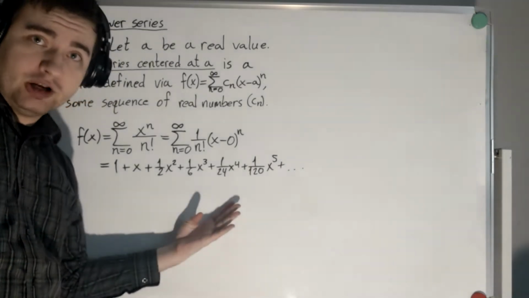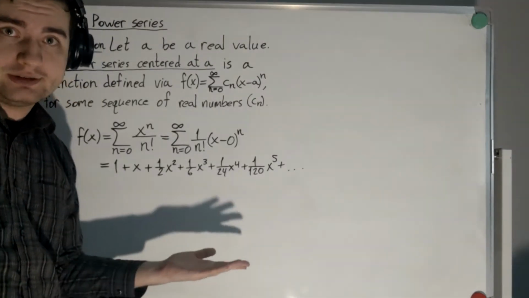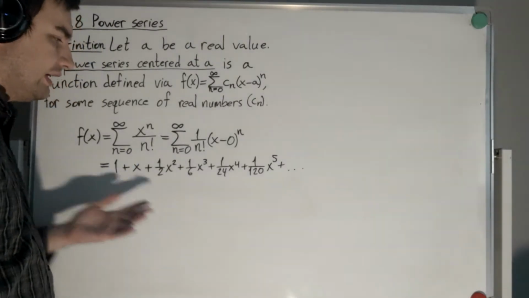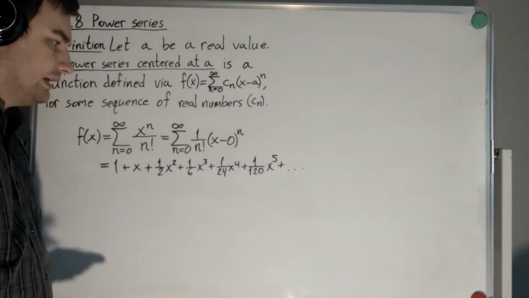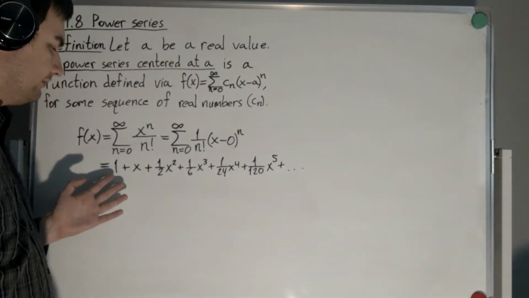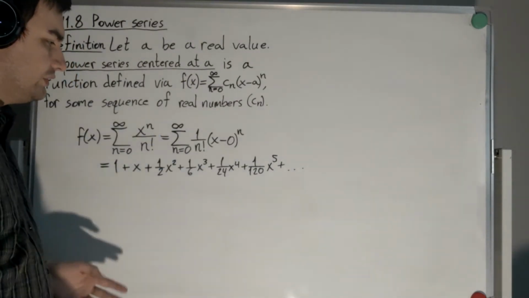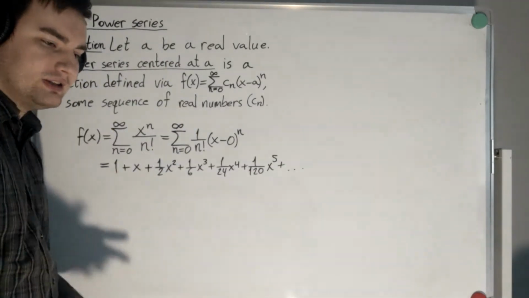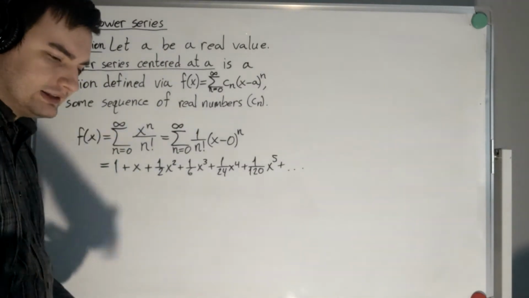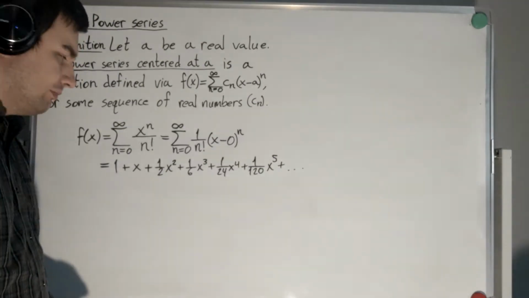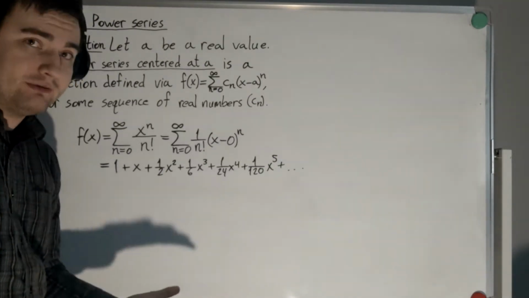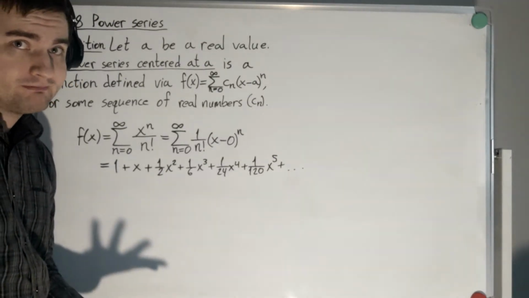This looks an awful lot like a polynomial, doesn't it? Well, it's like a polynomial in the sense that it's a bunch of integer powers of x, multiplied by some constants and then added all up. But now it's infinitely many of them rather than finitely many of them.